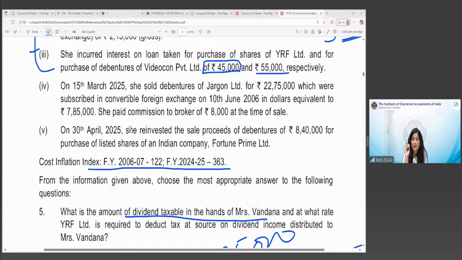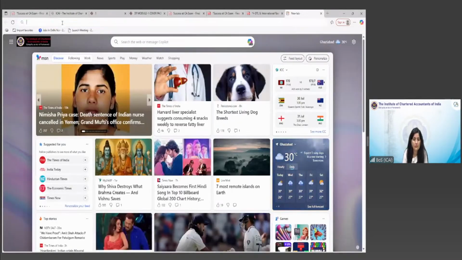Or then you will be eligible for the deduction in respect of reinvestment in specified assets, in respect of investment in specified assets. What is it? Let's see. Let me go through it once.